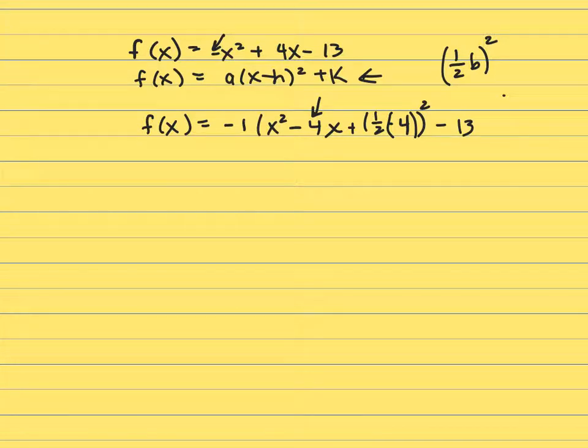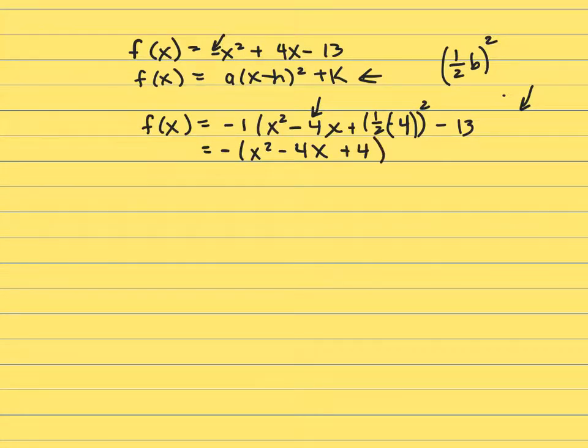So let me do that. Then we're going to have to do something else on this line, but let me show you something first. So this is negative x squared minus 4x. 1/2 of 4, or -4, is -2 squared is 4.